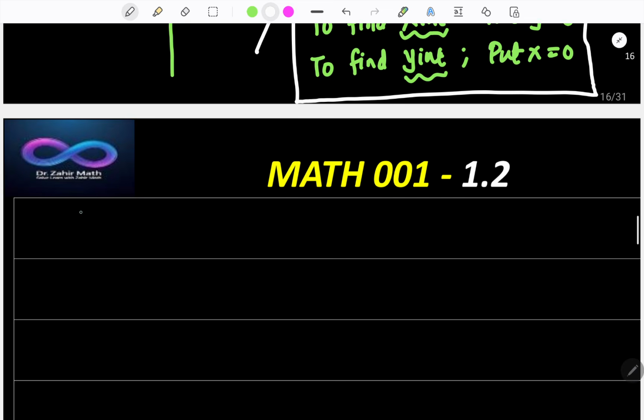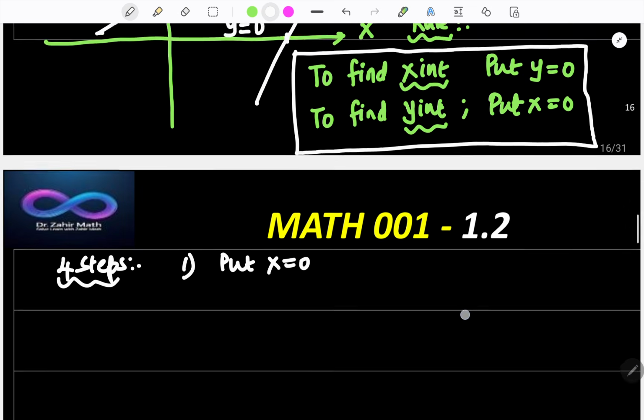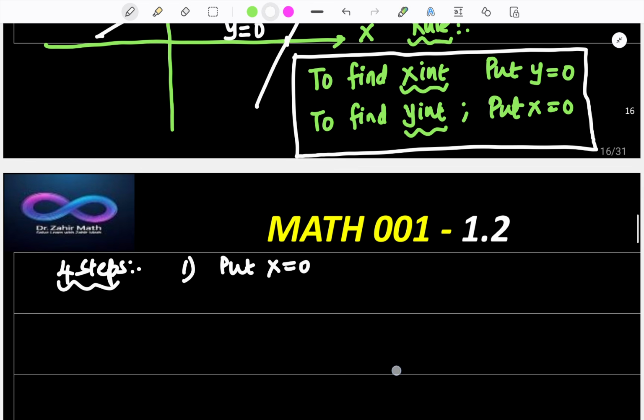This question has 4 steps. How many steps? 4 steps. First step is put x is equal to 0. If you put x is equal to 0, you will get y is equal to something.